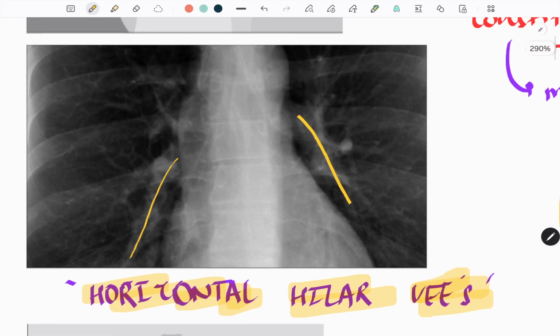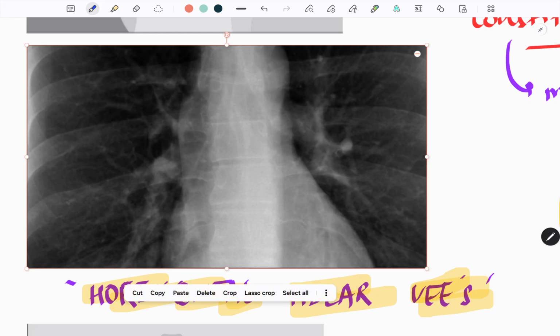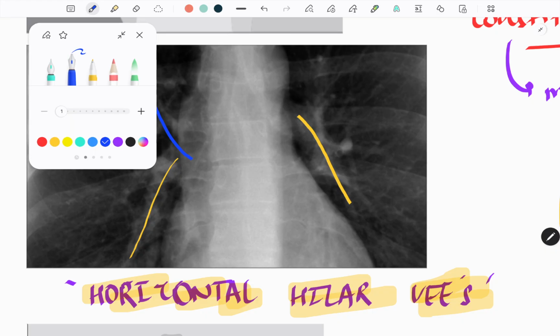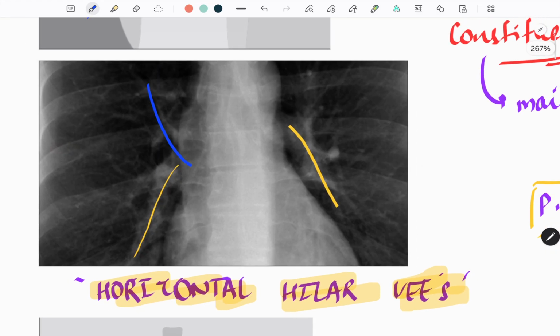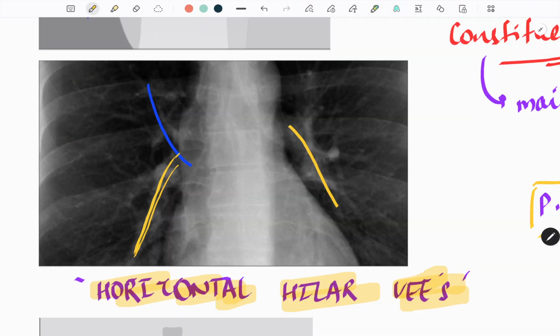We'll see what? We'll see the other vessel, which would be coming to the left atrium and crossing this hole.